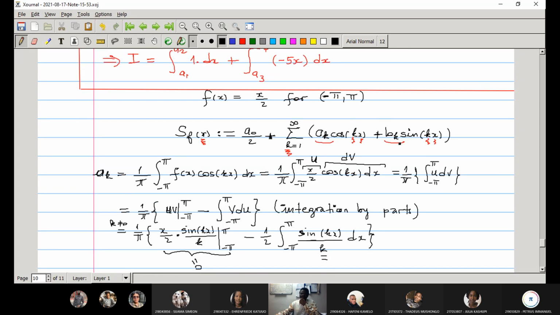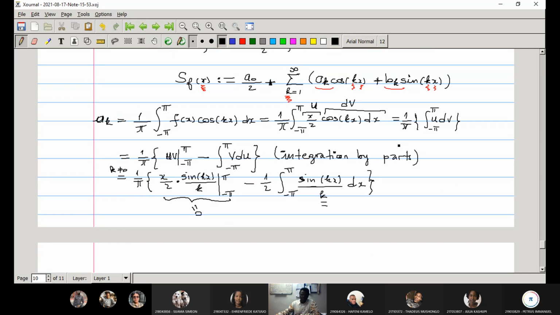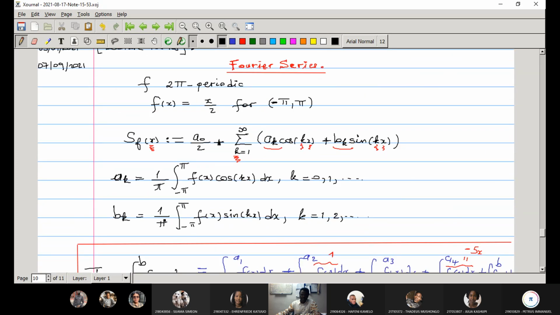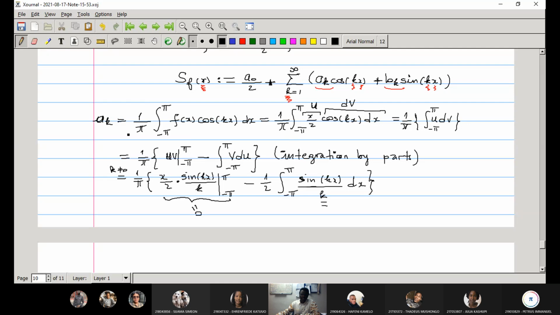Okay, now let us do the computation for bk. We know the formula for bk. This is the formula with the sine, this one. And k starts from 1. So we will do something similar to this, integration by parts here. So let me copy this. We'll just modify it a bit.